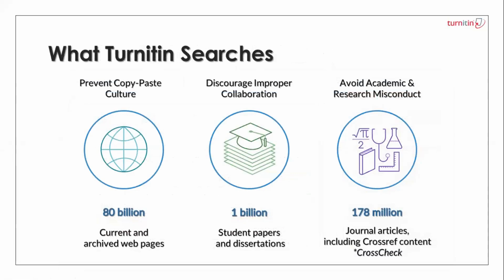Then this is just to mention again what Turnitin searches. Just to repeat: 80 billion current and archived web pages, 1 billion student papers and dissertations, 178 million journal articles, including Crossref content. Turnitin also partners with Crossref.